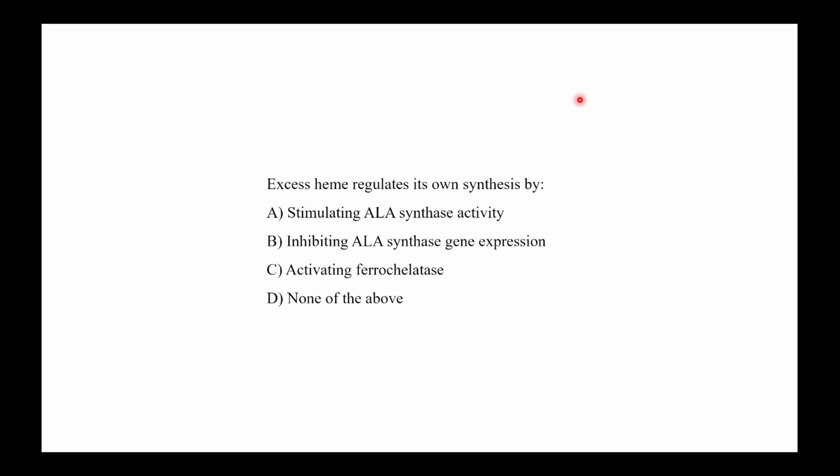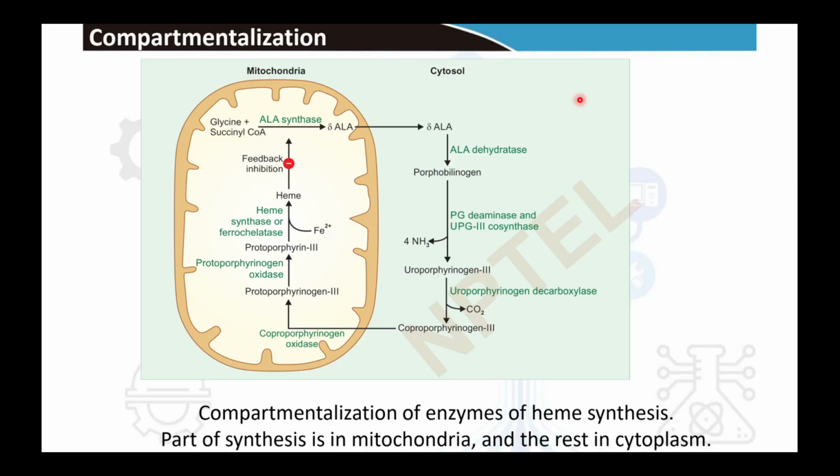What is the correct answer? The correct answer is option B, inhibiting ALA synthase gene expression. So this is what I was talking about when I said that you should remember which enzyme is present in mitochondria and which enzymes are present in cytosol, because this compartmentalization actually helps in the regulation of heme synthesis.